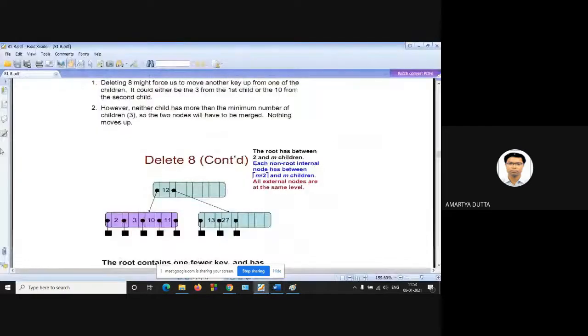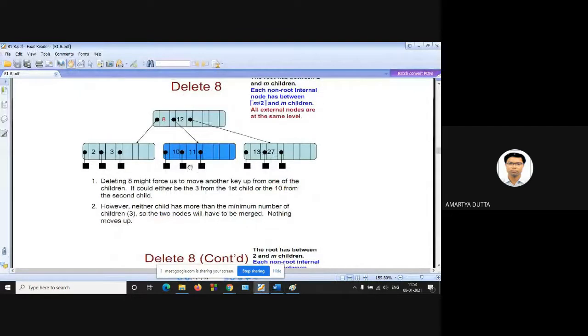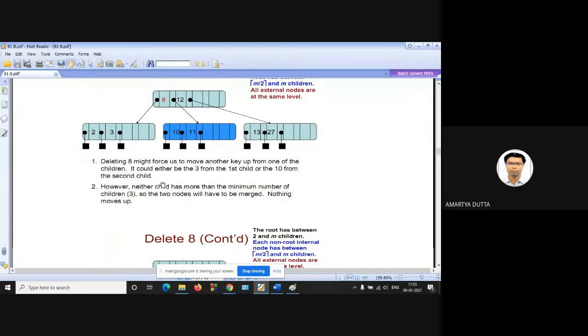So first of all, delete 8. Deleting 8 might force us to move another key up from one of the children. It could be either 3 from the first child or 10 from the second child. However, neither child has more than the minimum number of children, so these two nodes will have to be merged. Nothing moves up.